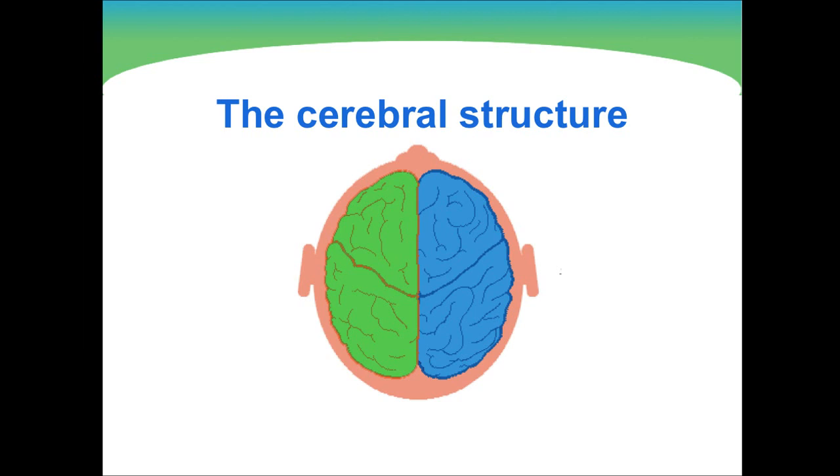The human brain is divided into two hemispheres, the left hemisphere and the right hemisphere. These two sections of the brain are connected by a central unit called the corpus callosum. Each hemisphere deals with the management of different mental activities. The left side, green, manages operations that can be classified as logical.